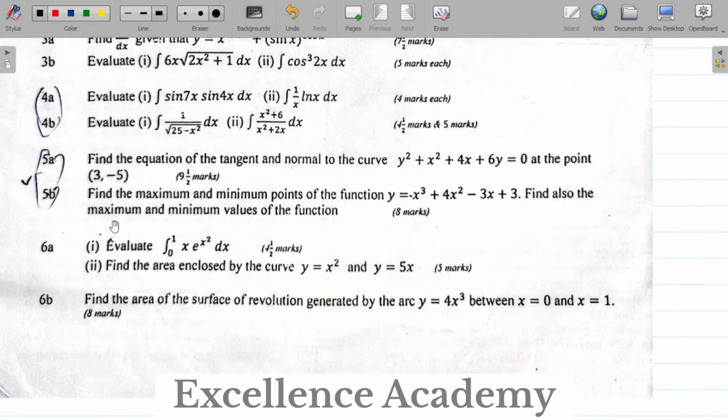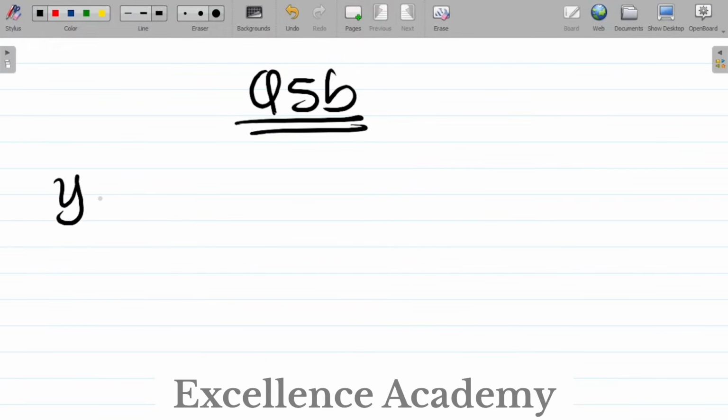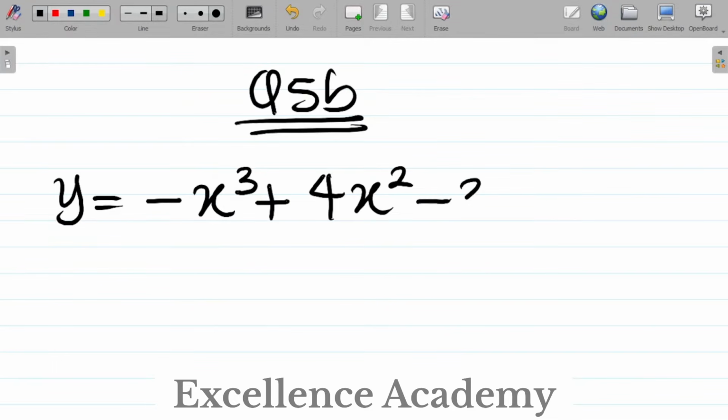Find also the maximum and minimum values of the function. All right, let's get this done.